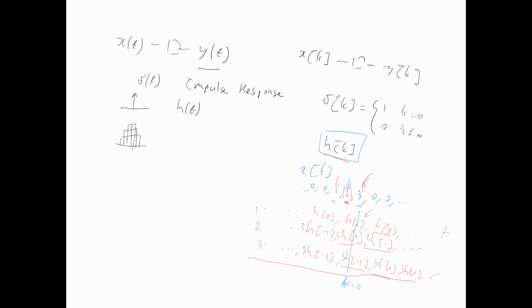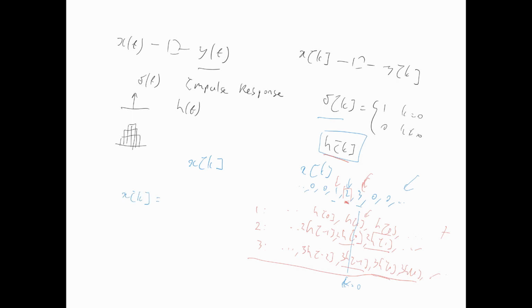To do the same thing mathematically, it would look like the following. I start off with my signal x of k. As we saw down here, we can treat any signal as a sum of delta functions just shifted in time and scaled in magnitude.